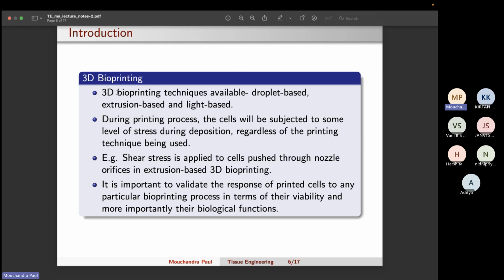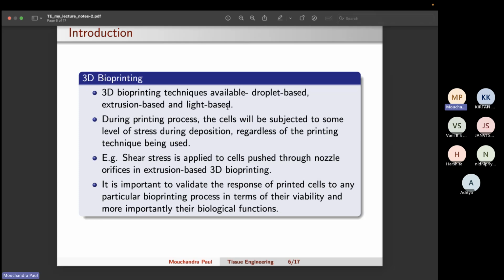There is also extrusion based, where you add line by line, or you can say filaments are deposited in a line by line fashion, and in this way, a 3D model is created. And another modality is light based, where lasers are used and projected on a particular type of material such that using light, the material gets cured. It becomes solidified. And when it becomes solidified in a fixed shape, it gives you the 3D model.